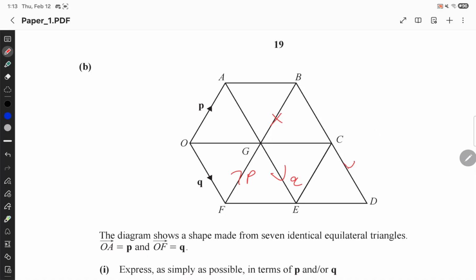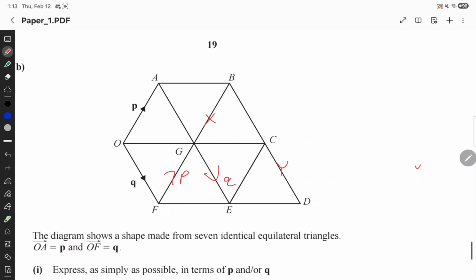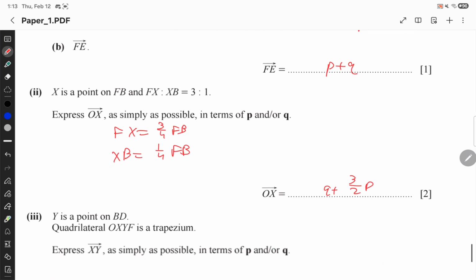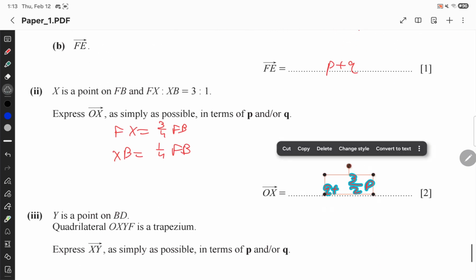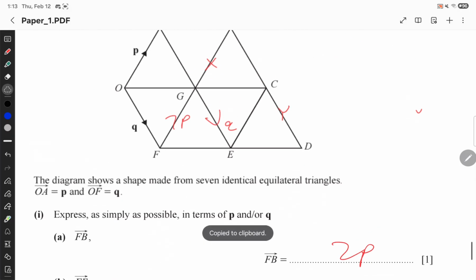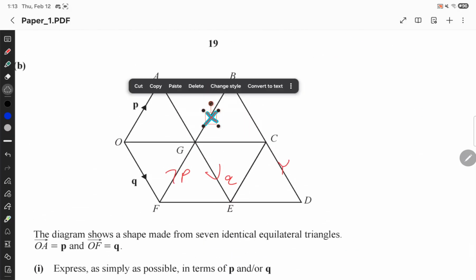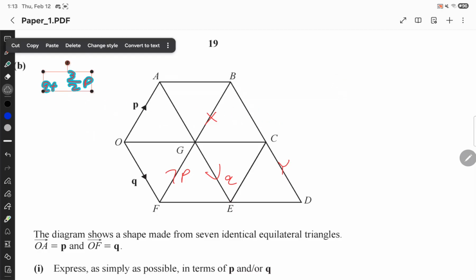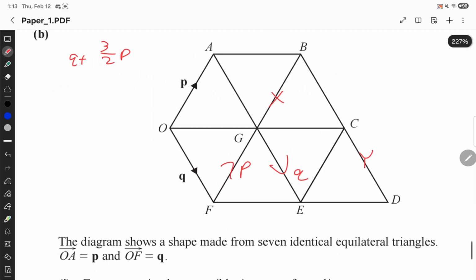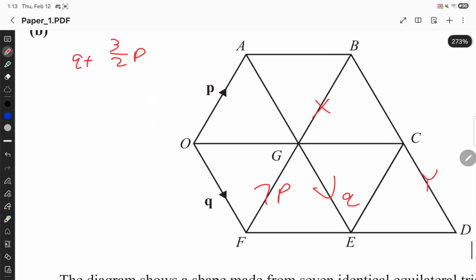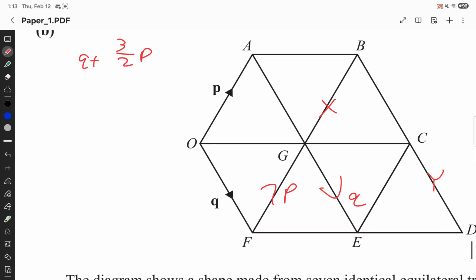Okay, so keeping this here, I will just bring OF up with me, OX up with me, and let's start solving it. To recap, we know BD, if we scale it, we get BY, and OX, if we scale it, we get FY, because they're parallel.